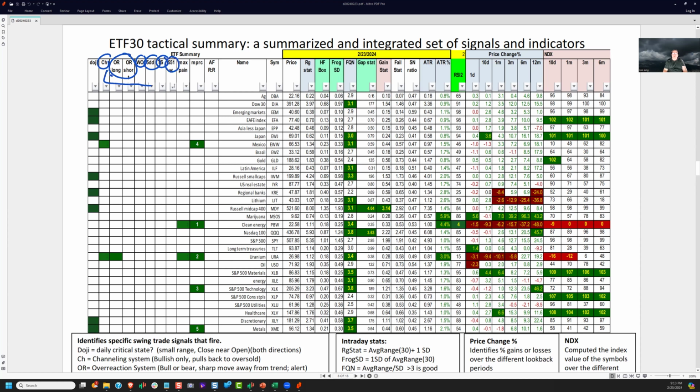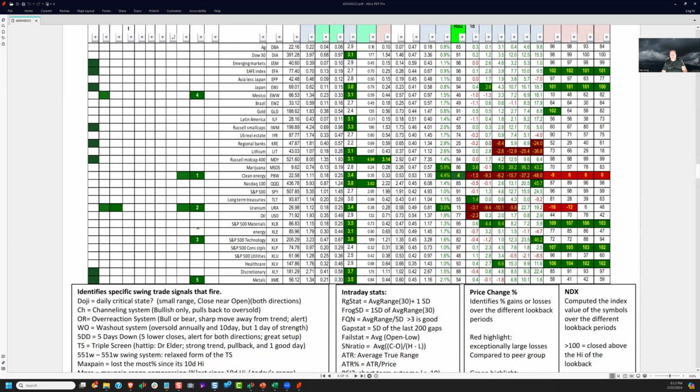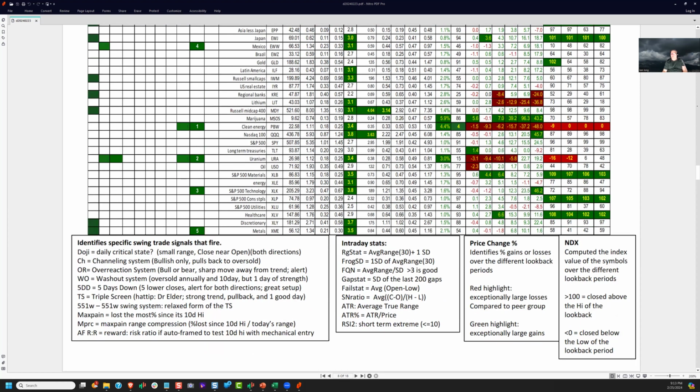So those are the 6 mechanical systems. And if you need a refresher on those, all of those signals are up there: channeling, overreaction, washout, 5DD, triple screen, 551W.